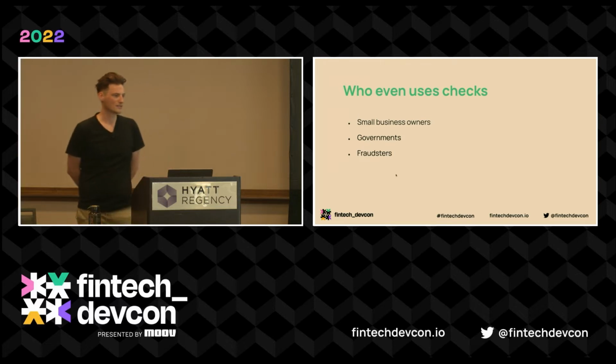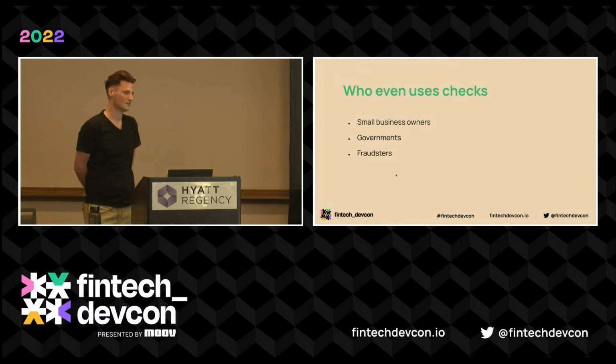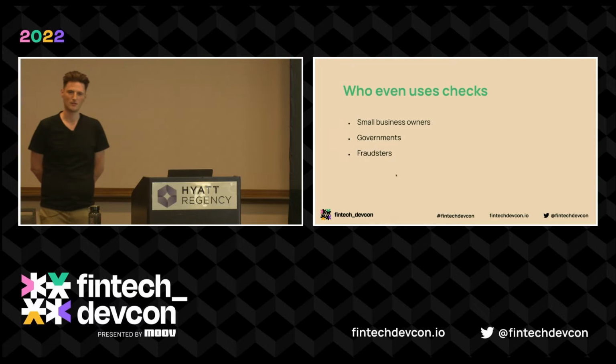One of the groups that still uses checks is small businesses, so obviously for Wave, that's a very important segment. A lot of people want to pay their various gardeners and others with checks. Plumbers might want to take checks. This is a pretty common way to transfer sums of money that would be impractical to use cash for, and they don't want to go and get a bank draft or something.